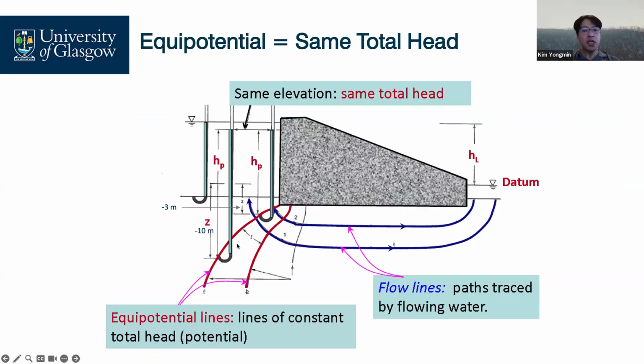Again, equipotential lines are simply lines where our total head shows constant values.